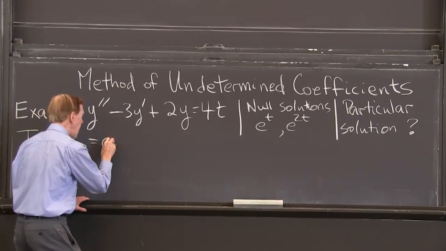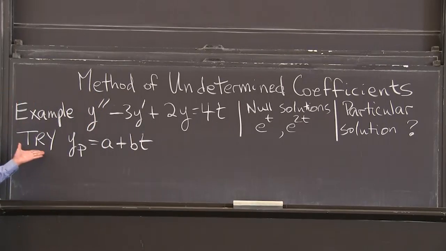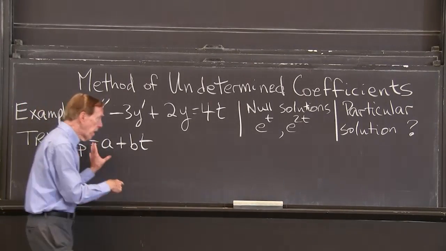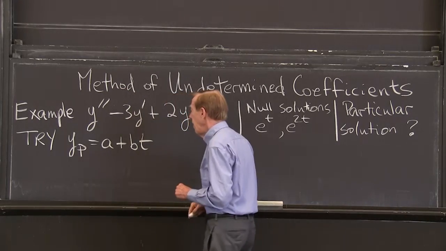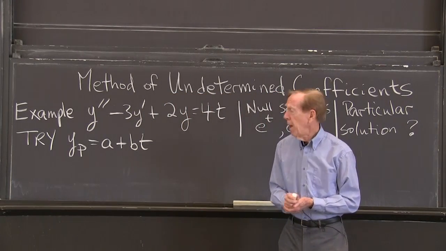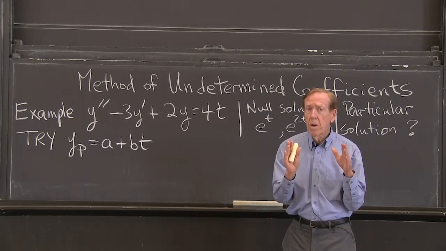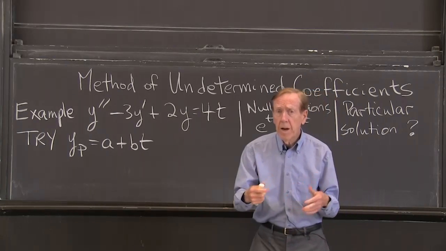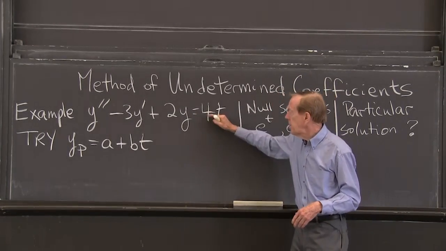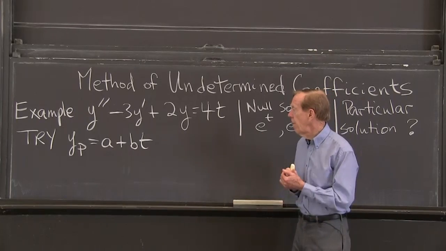So I'll try a plus bt. What I mean by try is put that into the equation, match the left side and the right side, and we have a solution. And I'll just go ahead and do that. This video is mostly about the list of possible nice functions, and that's one of them.